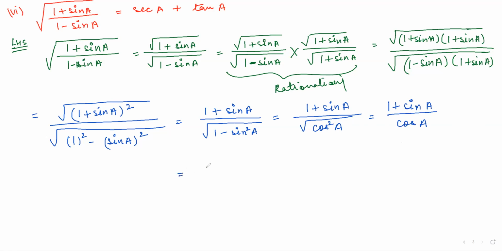Now you can just break the denominator: 1 upon cos A plus sine A divided by cos A. So 1 upon cos A becomes sec A and sine A by cos A becomes tan A. And this is equal to RHS.